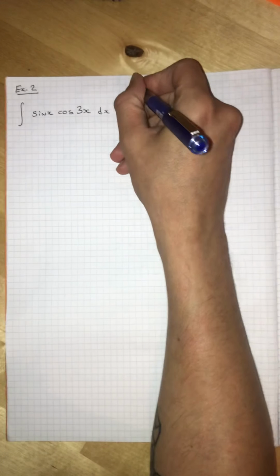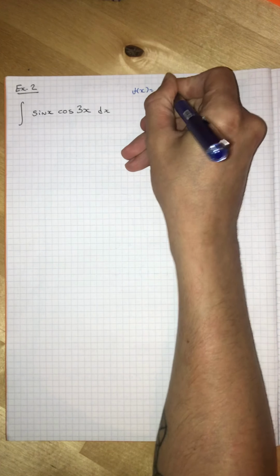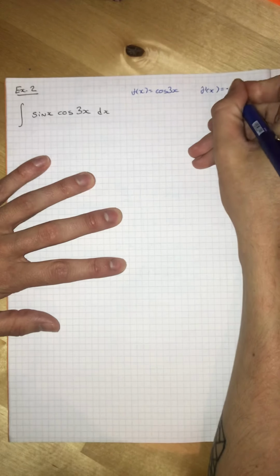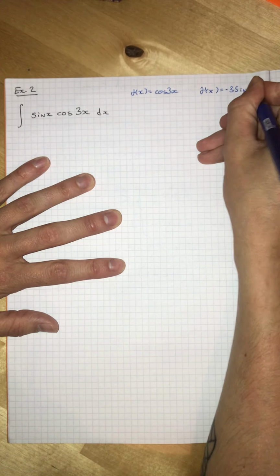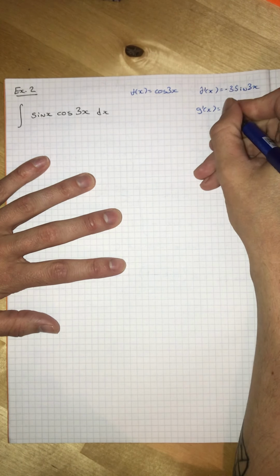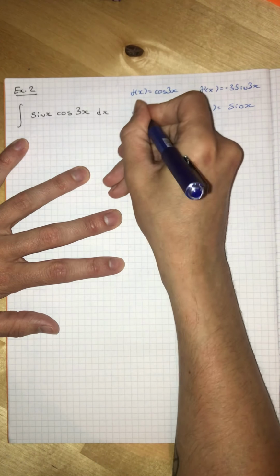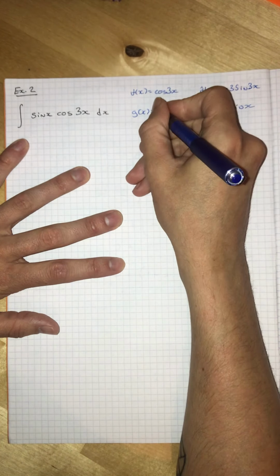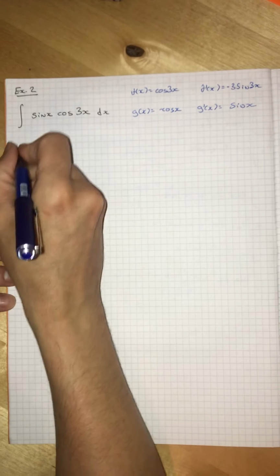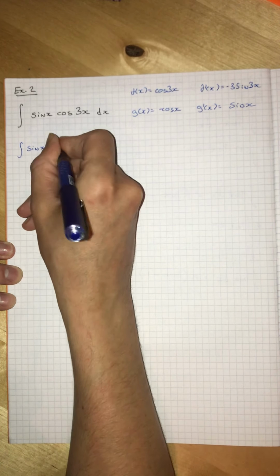So I'm going to differentiate the cos 3x, which means that f dashed x equals negative 3 sine 3x, which means that g dashed x equals sine x, which means that g of x equals negative cos x.